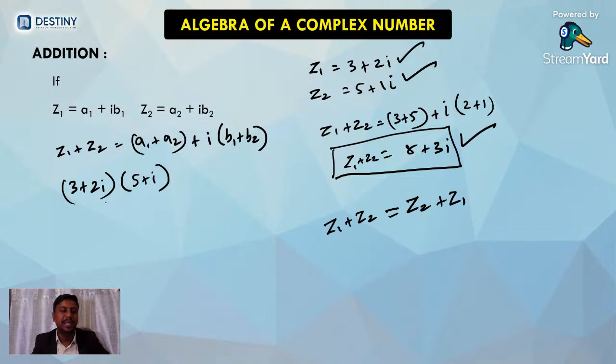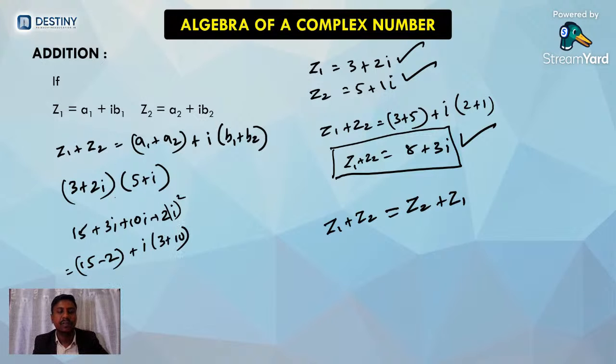So if I multiply, 3 into 5, 15, 3 into i, 3i, 2 into 5, 10i, 2 into 1, 2i square. So it will become 15 minus 2 plus i into 3 plus 10. So 15 minus 2, 13 plus 13i.